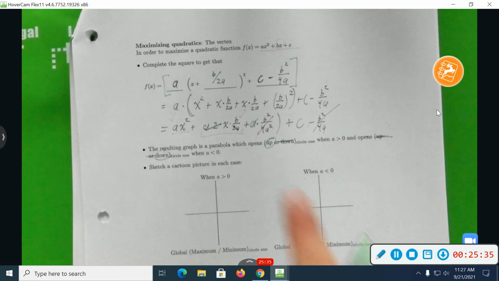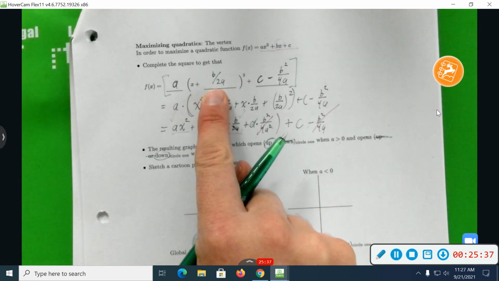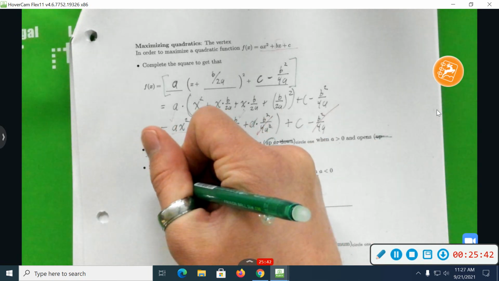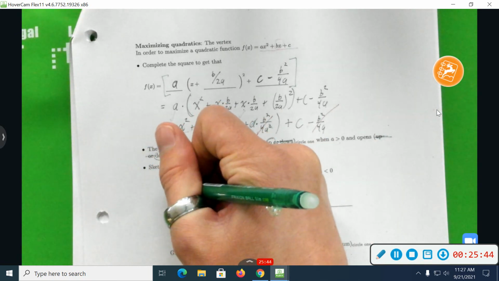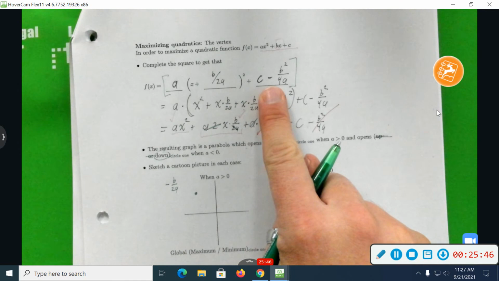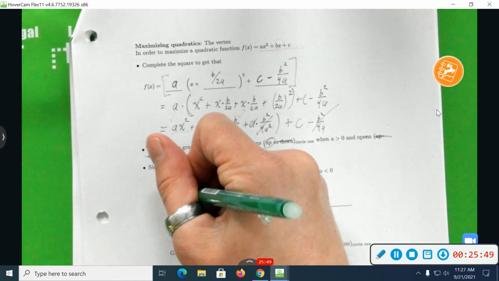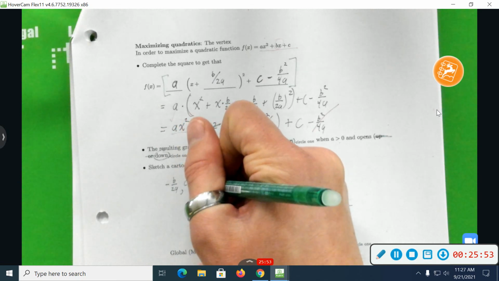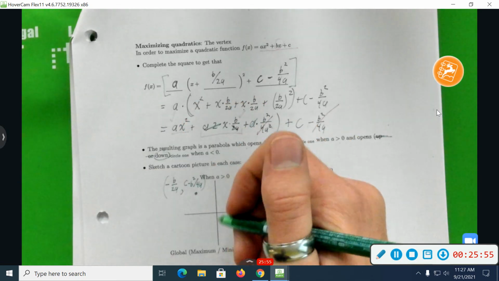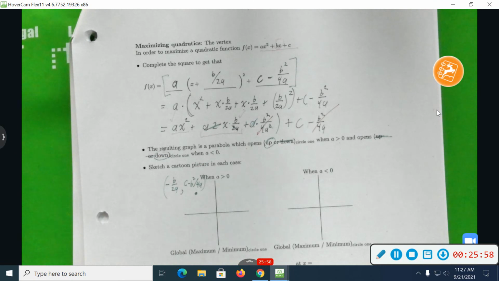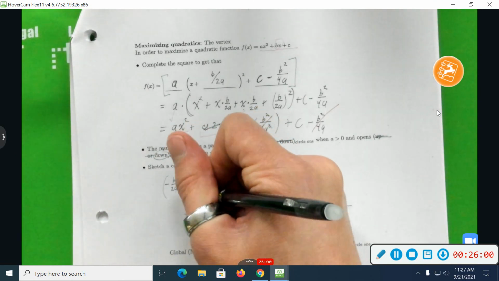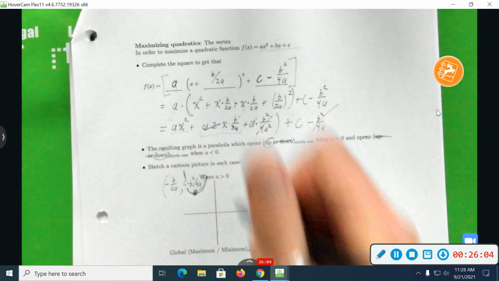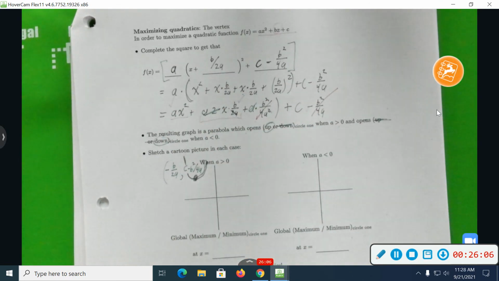The vertex will be, well, go left by b over 2a, and we'll go up by c minus b squared over 4a. Oh, and I've painted myself into a corner. This is supposed to be upward opening. All right, so there's a picture.